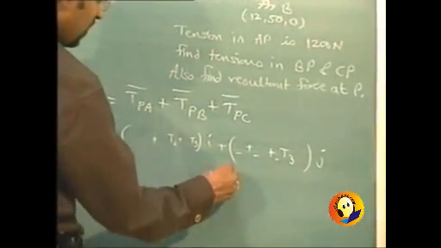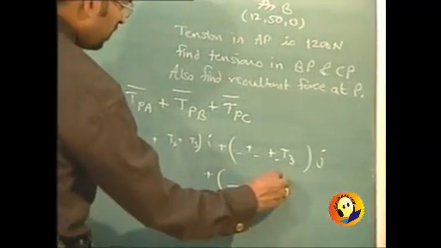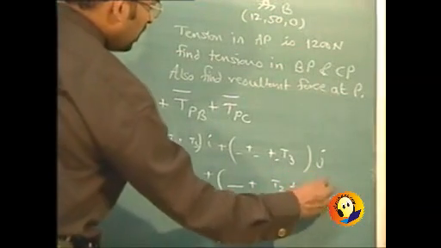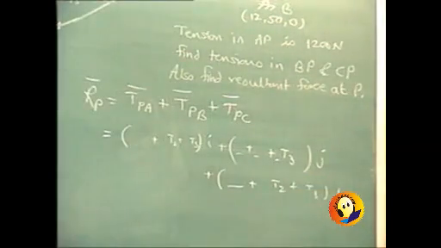And finally you have some term plus some term into T2 plus some term into T3 k. And so resultant force at P, after adding these three forces that we have calculated in the vector form, we are still not getting the answer because it is still containing the unknowns T2 and T3.